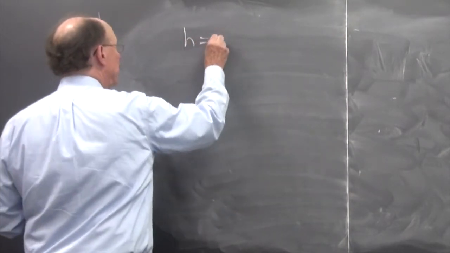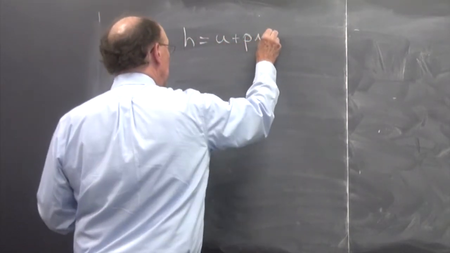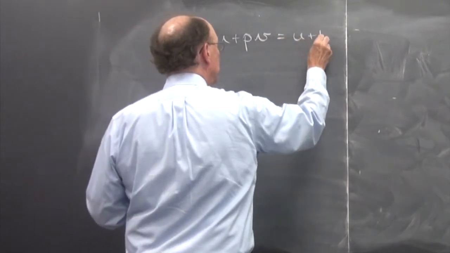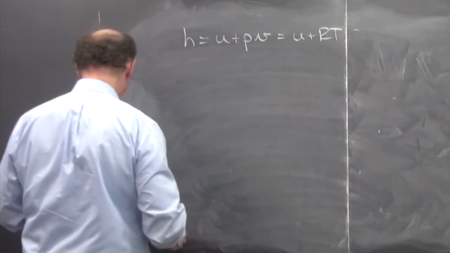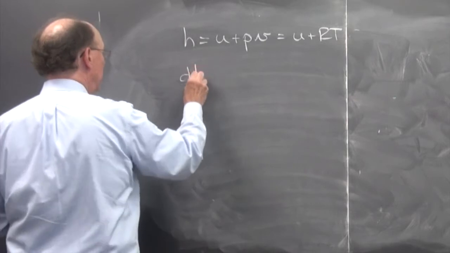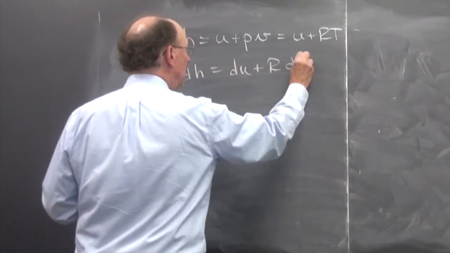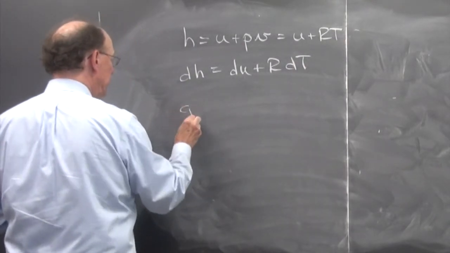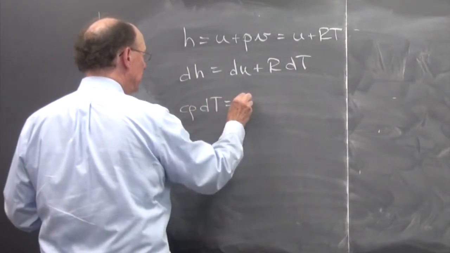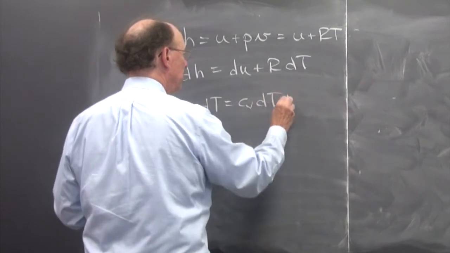So I have H is equal to U plus PV is equal to U plus RT. dH is equal to dU plus R dT. And then I have C sub P dT is equal to C sub V dT plus R dT.